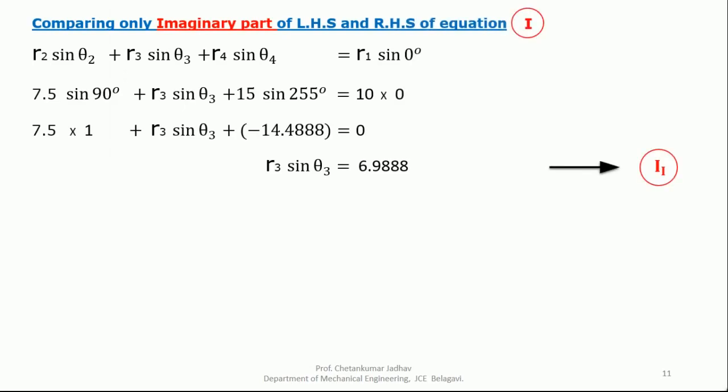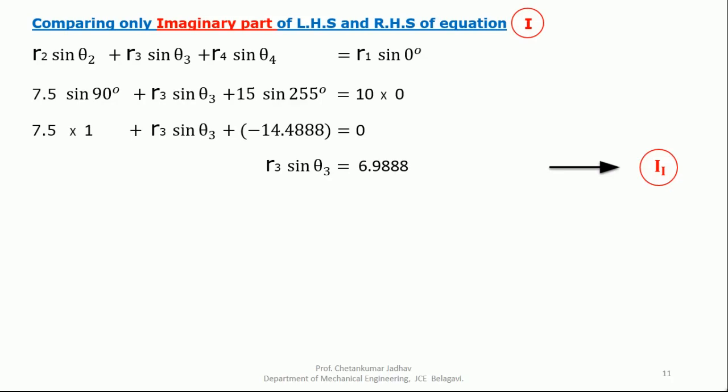Similarly, by comparing only the imaginary part of LHS and RHS of equation 1, we write R2 sin theta 2 plus R3 sin theta 3 plus R4 sin theta 4 is equal to R1 sin 0. After substituting the values, we can write R3 sin theta 3 is equal to 6.9888.